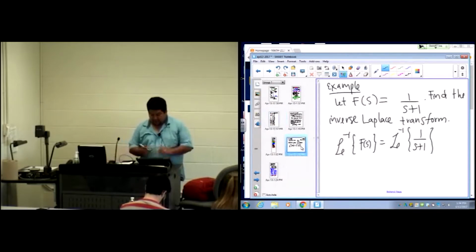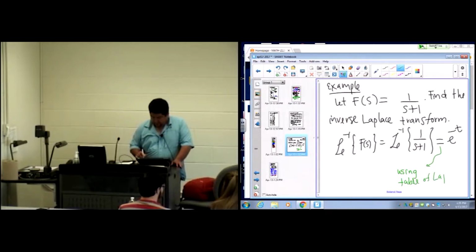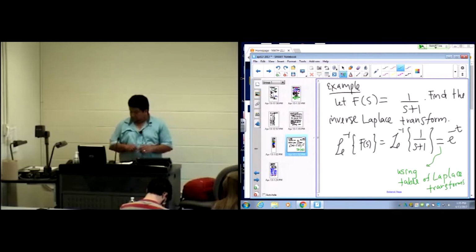There are some cases in which you have to break this up, and this is a method in which you use partial fractions, and you have to manipulate it in a way in which you can use some of the information that's provided in the table, but it's not obvious right from the start. So let's say this is using partial fractions.